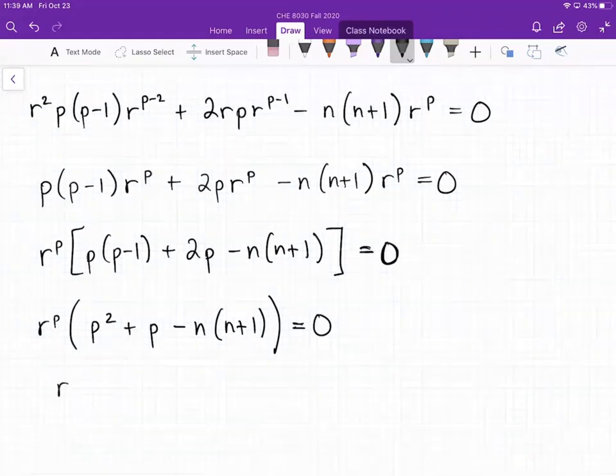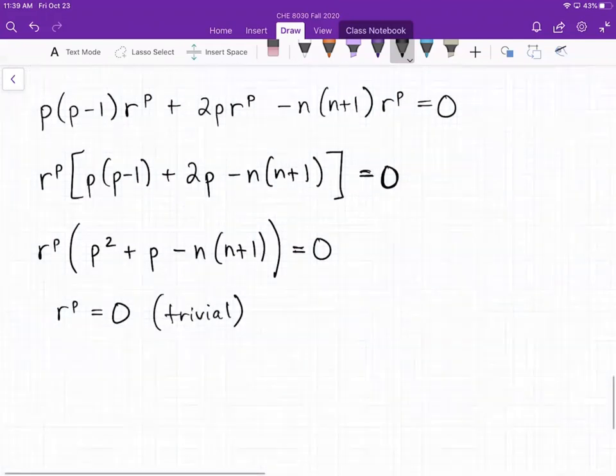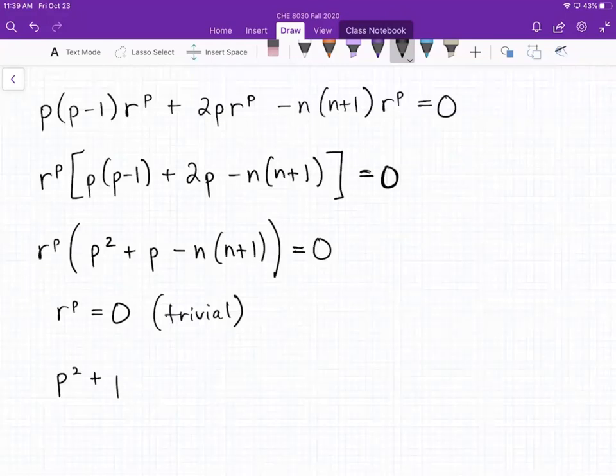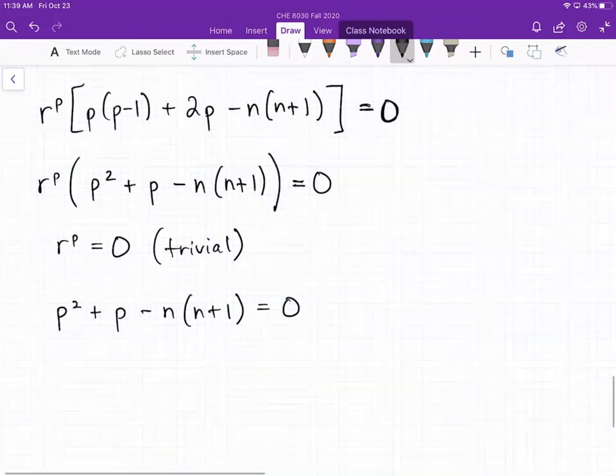One way that equation could be equal to 0 is if r to the p equals 0. This is what's known as the trivial solution. What we really want to know is when does that term in parentheses equal 0, i.e., what are the roots of that quadratic equation?